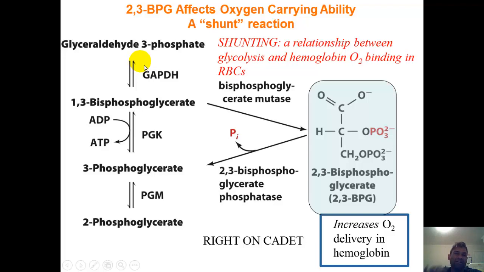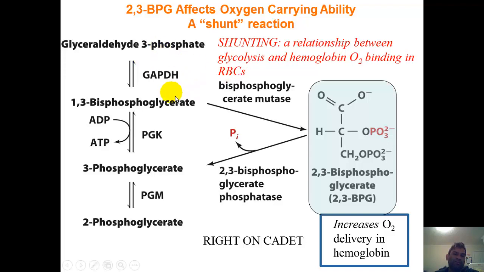This is very critical in a red blood cell, where we have an intimate linkage between binding of oxygen to hemoglobin, that affinity, and also glycolytic flux. The glycolytic flux is very high, glycolysis is up and running at full throttle.